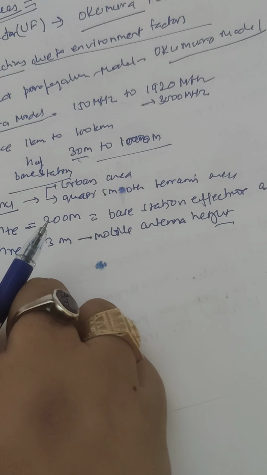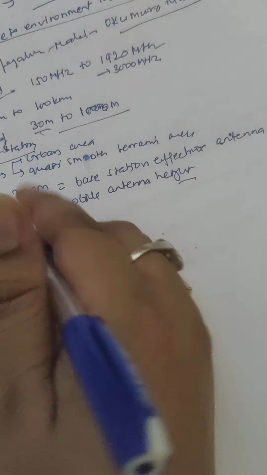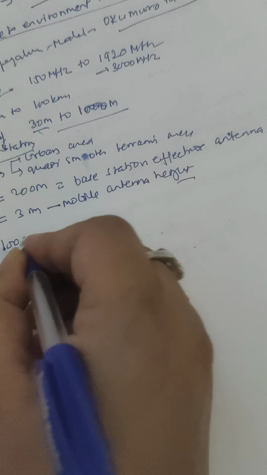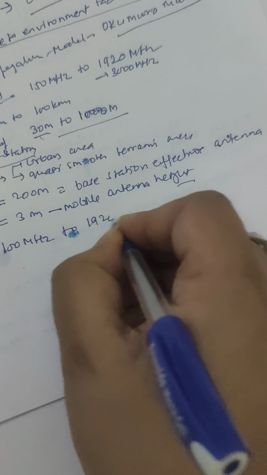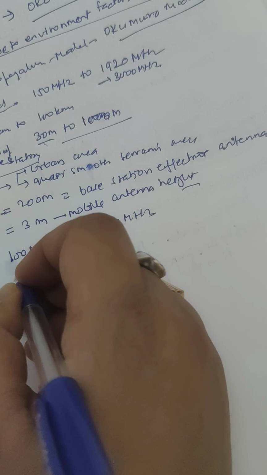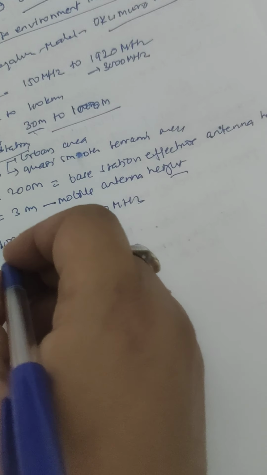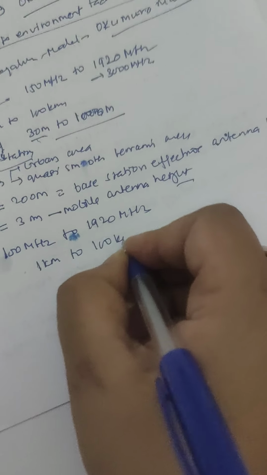So these curves were developed from extensive measurements using vertical omnidirectional antennas at both the base and the mobile, and are plotted as a function of frequency in the range of 100 megahertz to 1920 megahertz, and a function of distance from the base station in the range of 1 kilometer to 100 kilometer.